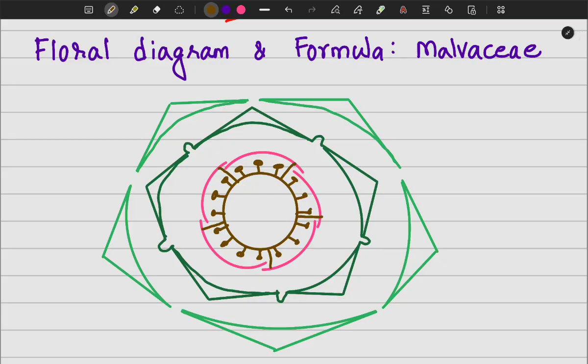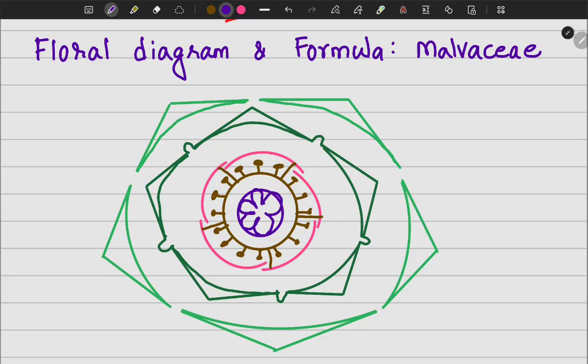And we will draw the gynoecium. So the gynoecium, we studied that it is multicarpellary syncarpous, right? So we can draw a circle which shows a syncarpous condition. The gynoecium are fused, and then inside it we can show multiple carpels, right?